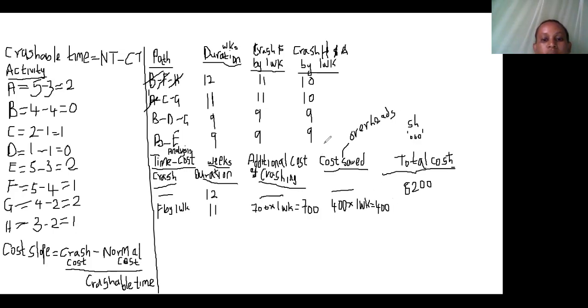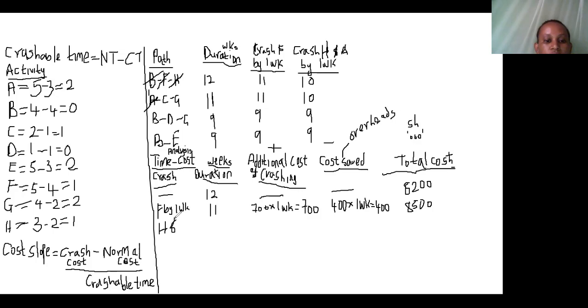Now we take away the overhead cost because we have saved that, and the cost of crashing we add to the total cost. So we have 8,200, we are adding 700 minus 400. Our cost will now be at 8,500,000.